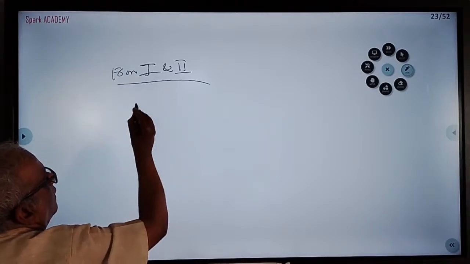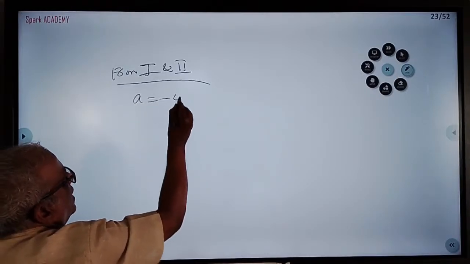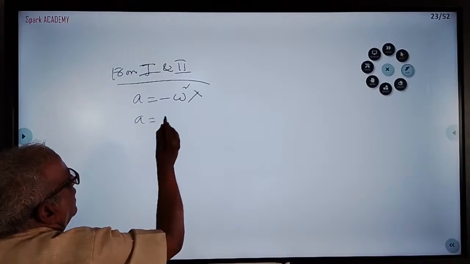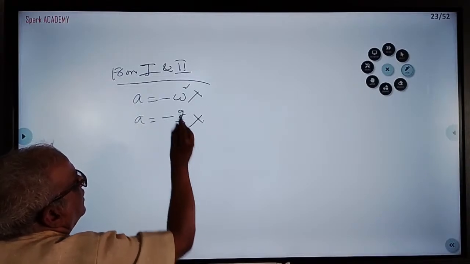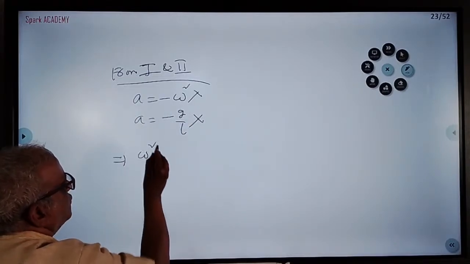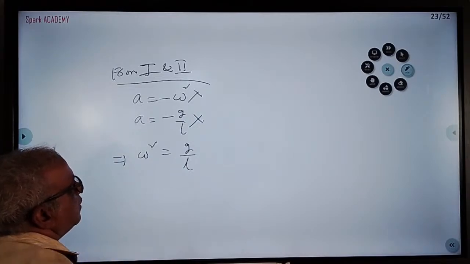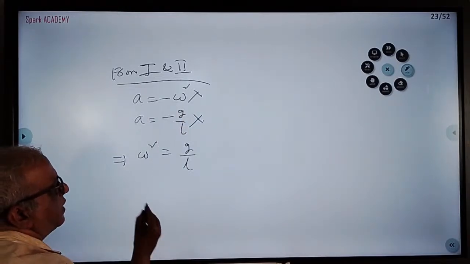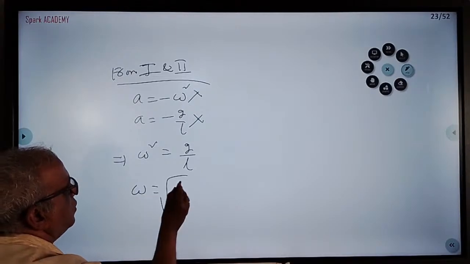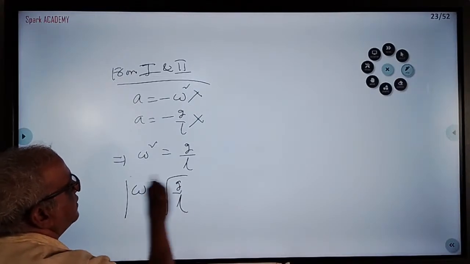From 1 and 2, a is equal to minus omega square x, and a is equal to minus g by L into x. Compare, omega square will become g by L. Omega, angular velocity, is under root g by L.